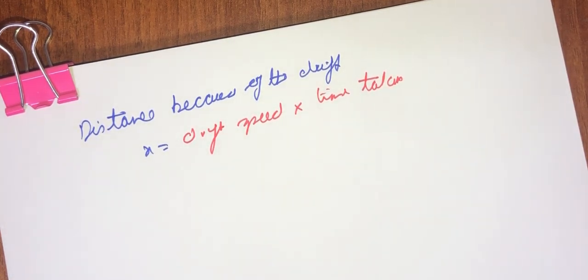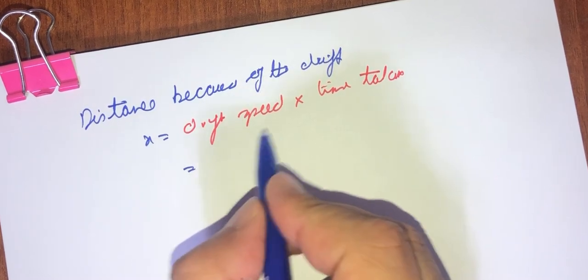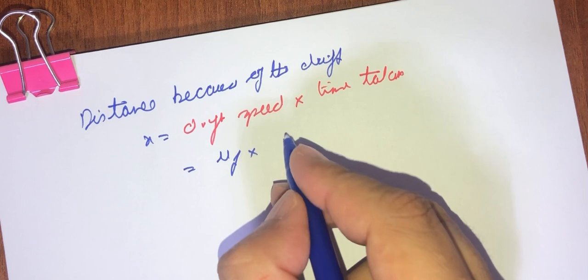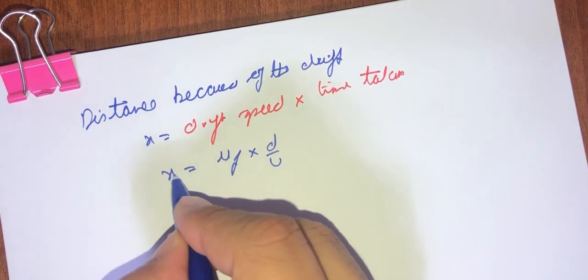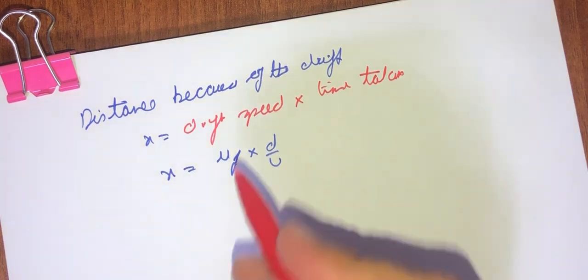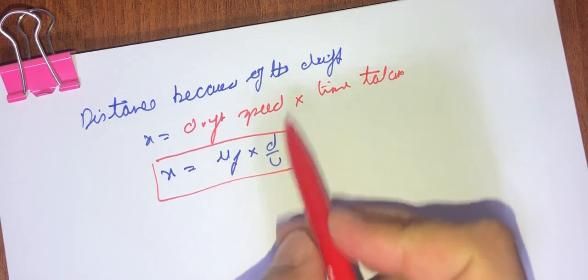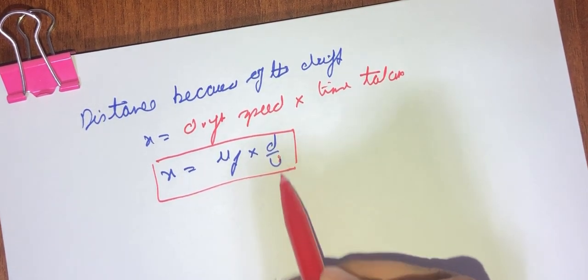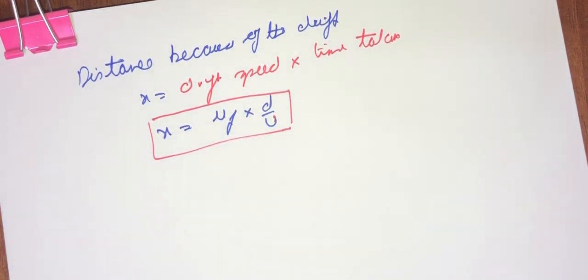Drift speed is nothing but the velocity of the river, so it is uf, and time taken we already found out is d by Vy. So x, the distance because of the drift, is given by the speed of the river, the width, and the velocity of the swimmer.